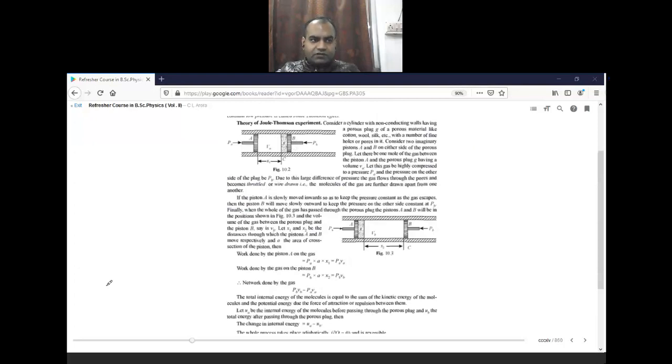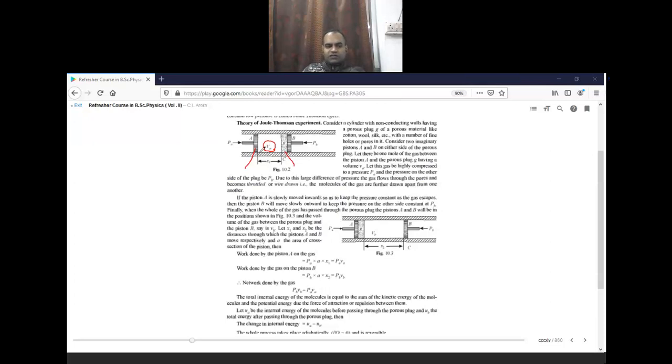So let me annotate it here. This is the piston A and this is the porous plug. It is assumed that a gas is placed here, having a volume of V. Okay, this is the initial condition of the experiment.